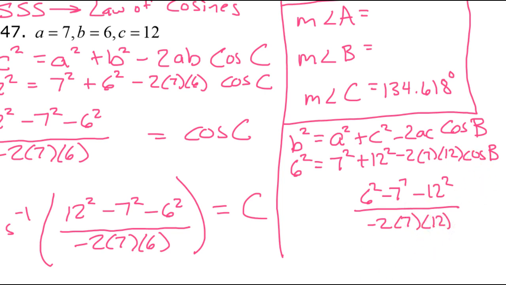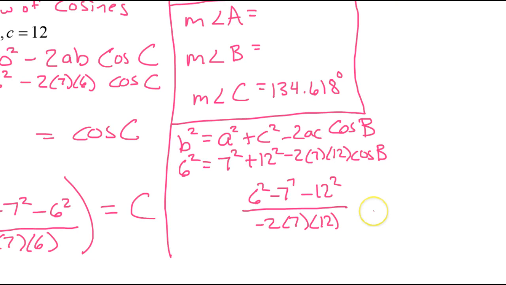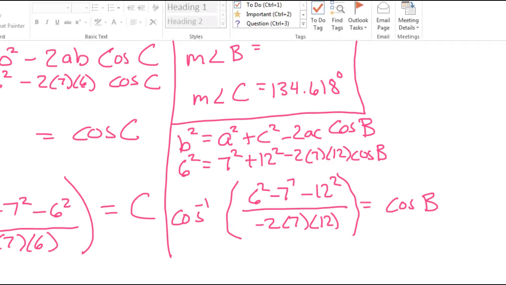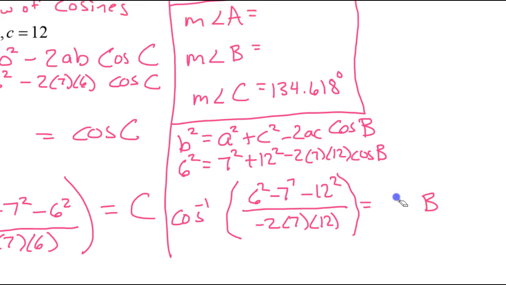Okay, so that would leave the cosine of B by itself. But I don't want the cosine of B. I want the measure of angle B itself. So I need to do the inverse cosine of all of this, and the inverse cosine will give me the measure of angle B.